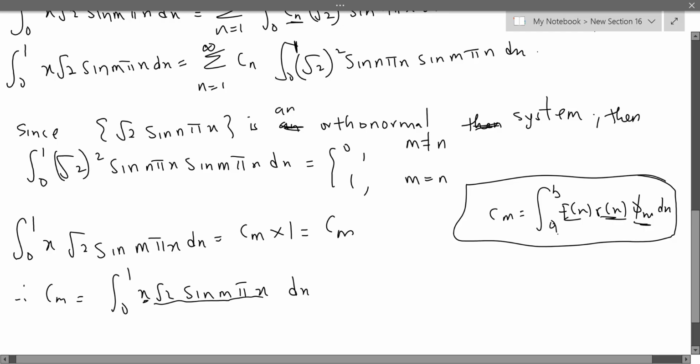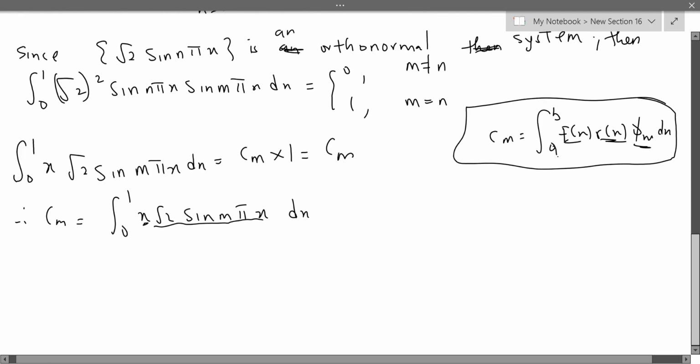So it is very correct. When you mimic the proof and get to this point, it's always better to compare it with this formula to see if everything is in place.